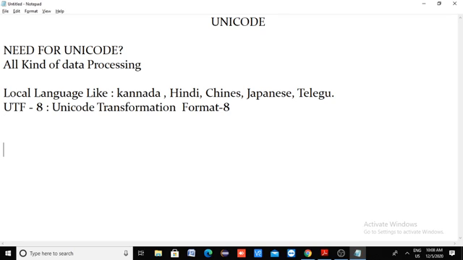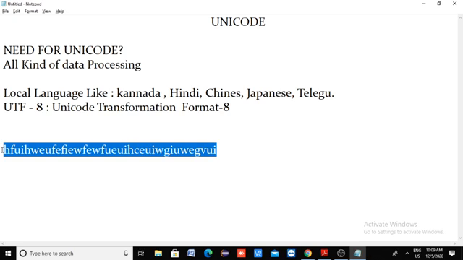For example, when you purchase an 8-bit computer, assume an 8-bit computer can only store 8-bit format. Suppose I enter something like this, assume this is one word I entered here.